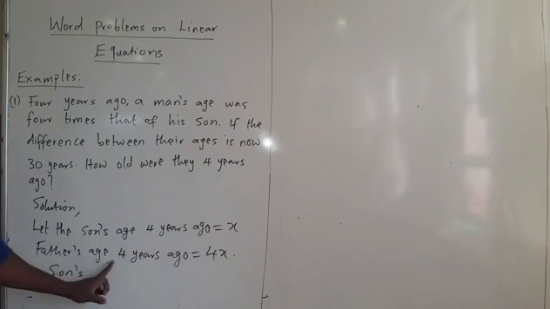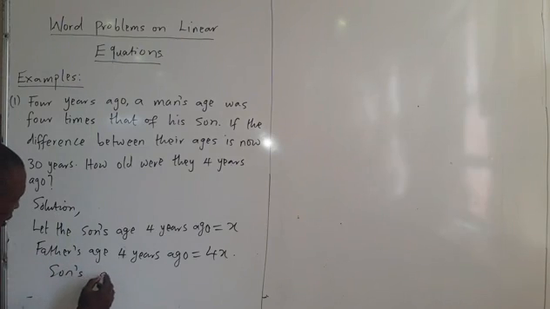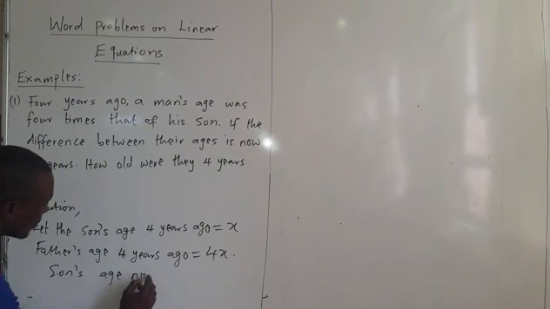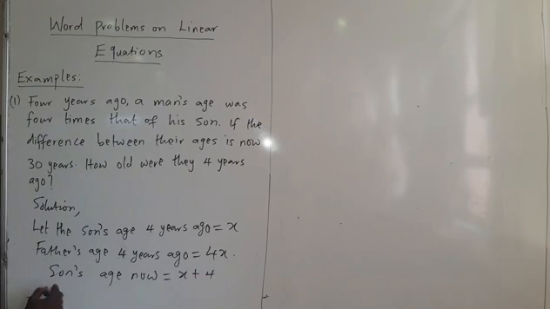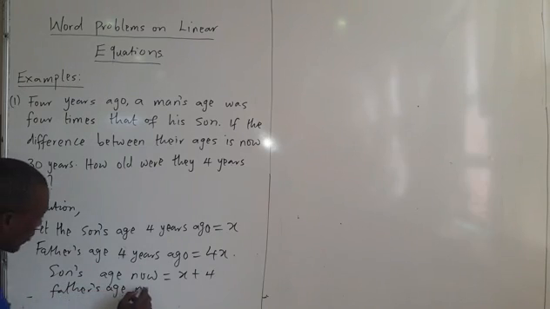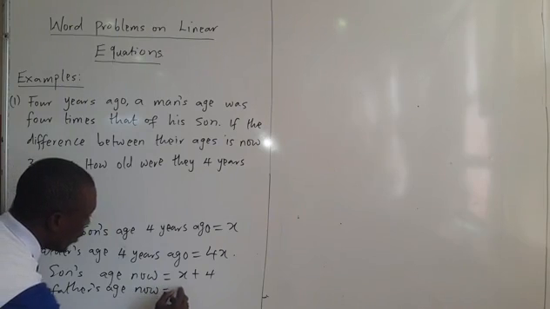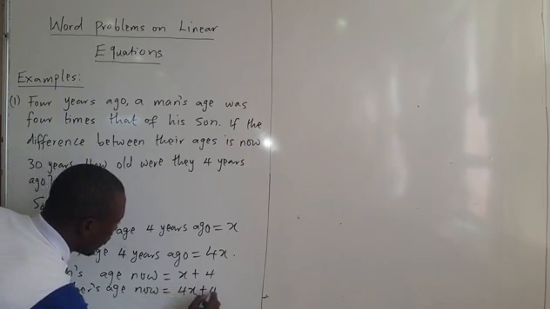Then the father's age 4 years ago is 4x. Then the son's age now equals x plus 4, while the father's age now equals 4x plus 4.